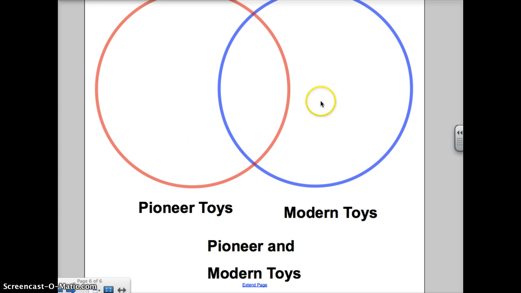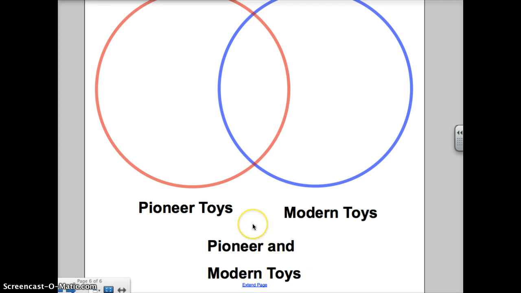This section is toys of modern day, toys that you would play with today. And in the middle, these would be all the examples of toys that could either be played with during pioneer days and modern days.